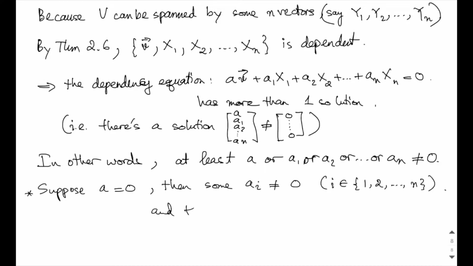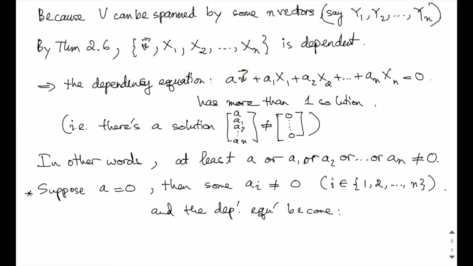And the dependency equation becomes, now you look at the dependency equation. If you consider the case where a is 0, then that means you don't have the first term anymore. This dependency equation will then become the dependency equation of x1, x2, ..., xn instead of v, x1, x2, ..., xn.